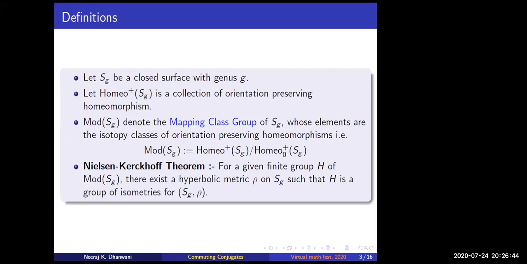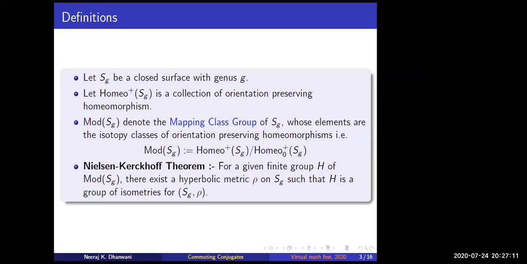Then a very basic theorem in our direction is the Nielsen-Kerckhoff theorem, which says something about finite order mapping classes. Nielsen claimed in the 1940s that if you take any finite subgroup of the mapping class group, then there always exists a hyperbolic metric such that the subgroup can be realized as a group of isometries.